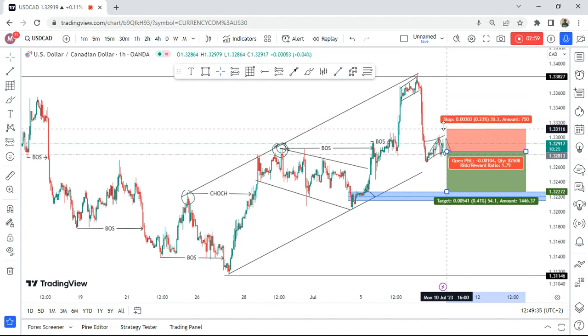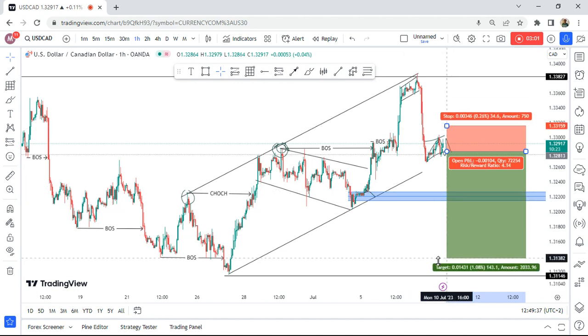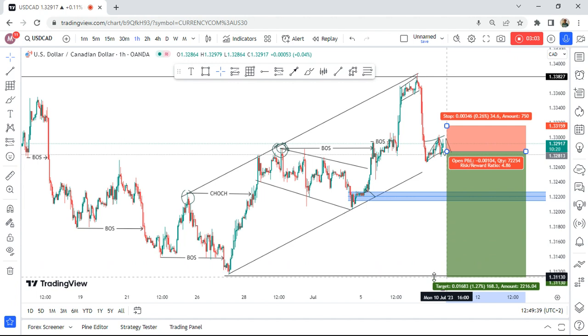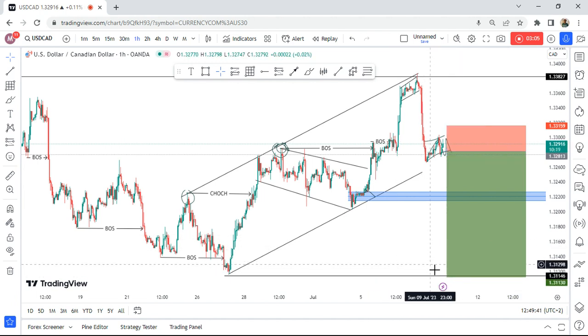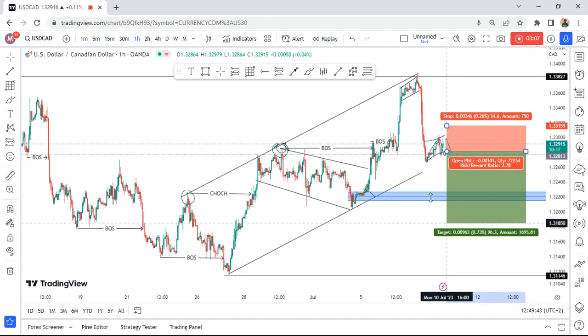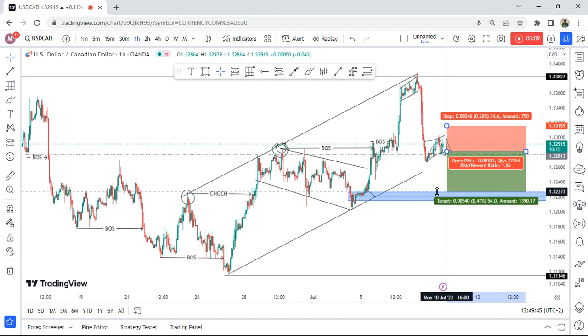Even if we're not taking this one to our 90% rule, which is in this area, we can make some money and at least place a trade. If we come around here, we start looking at securing profit.